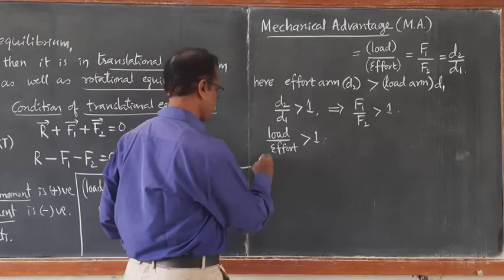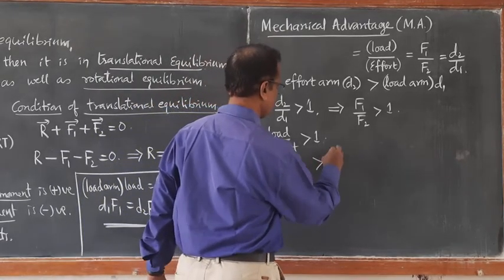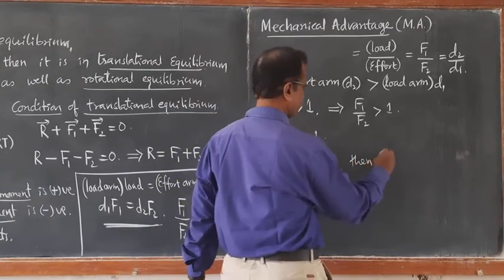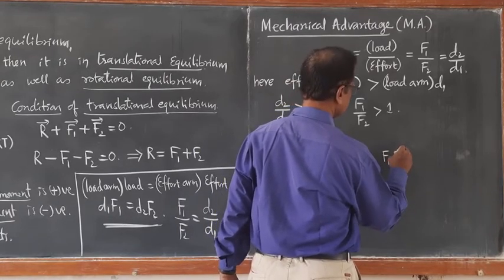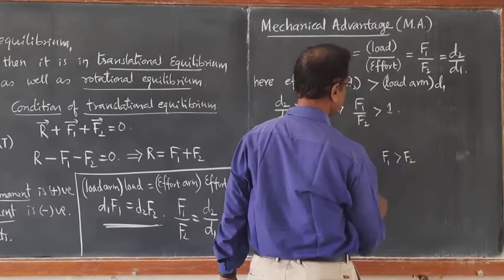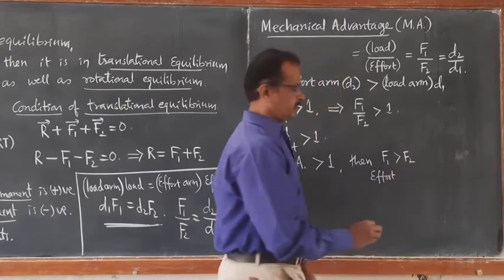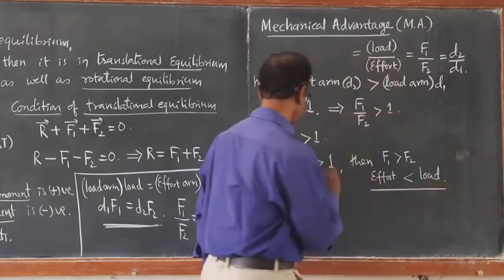So, if mechanical advantage is greater than 1, then load, you can say F1, is greater than F2, that is effort required is less than load. This is the mechanical advantage.